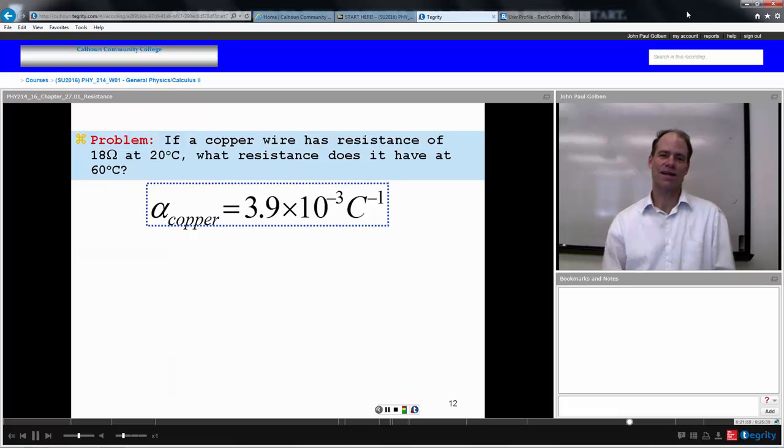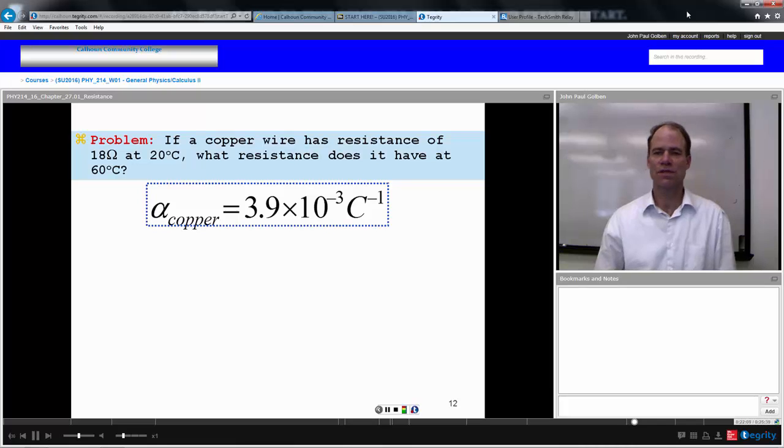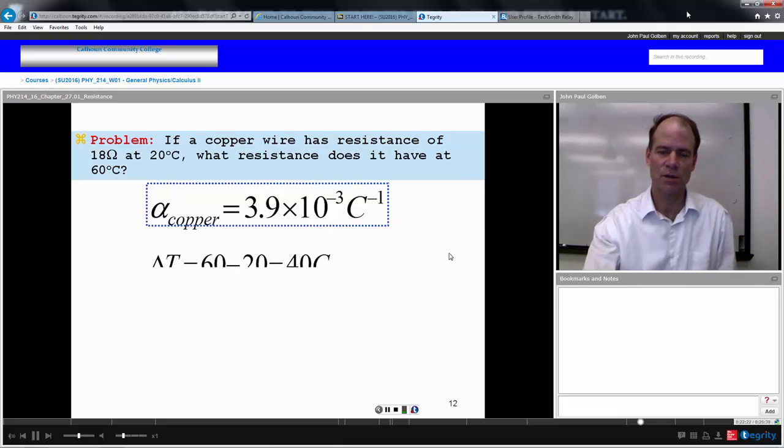Let's try this resistance relationship in a problem. If a copper wire has a resistance of 18 ohms at 20 degrees Celsius, what resistance does it have at 60 degrees Celsius? So your change in temperature will be 60 minus 20, or 40 degrees. The temperature coefficient of copper is 3.9 times 10 to the minus 3 per degree Celsius.